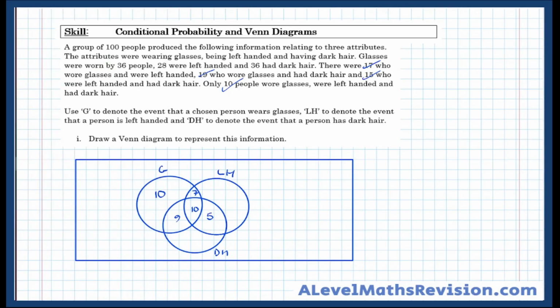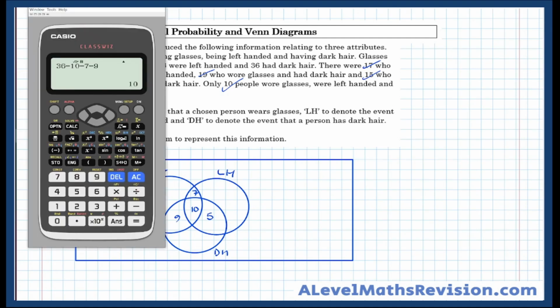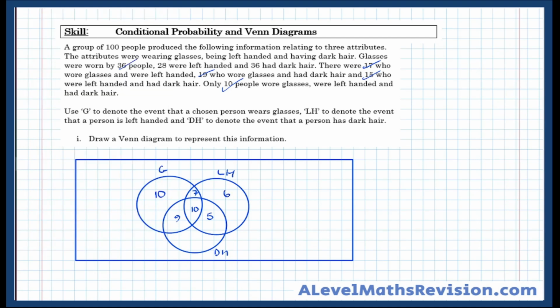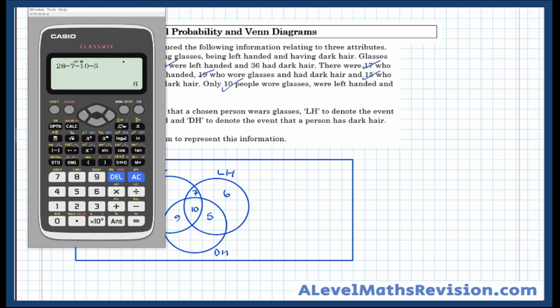Then left-handed, it tells us that left-handed has to add up to 28. So 28, take away 7, take away 10, take away 5, gives us 6. And then 36 again is what dark hair has to add up to. So 36, take away 9, take away 10, take away 5 equals 12.